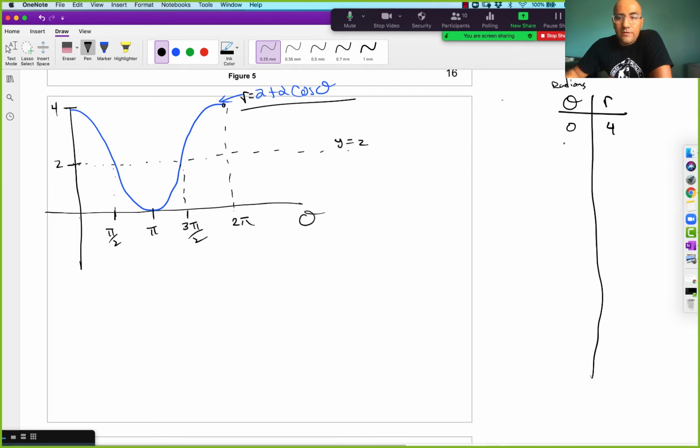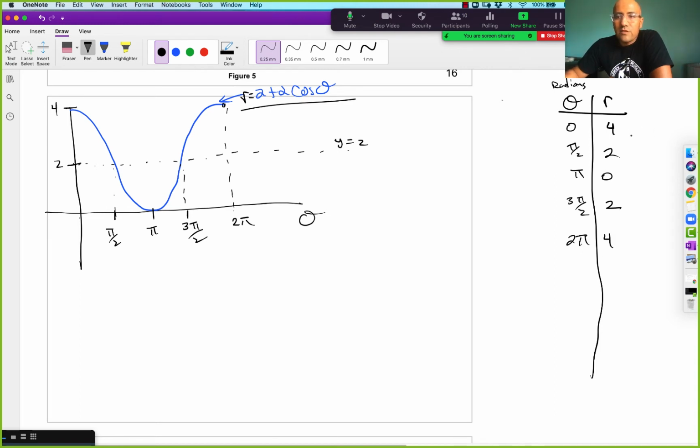When theta is pi over 2, then we get an output of 2. When theta is pi, we get an output of 0. When theta is 3 pi over 2, then we get an output of 2. And when theta is 2 pi, we get an output of 4. Good.